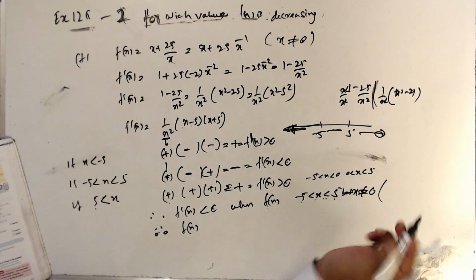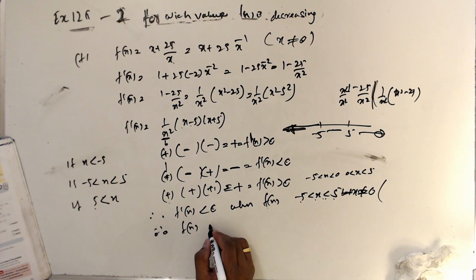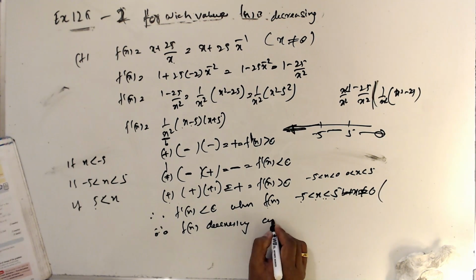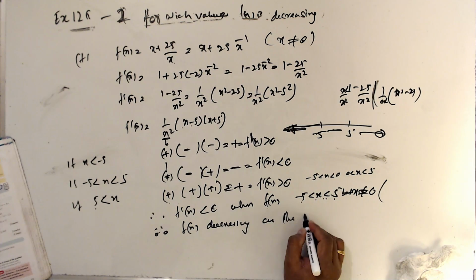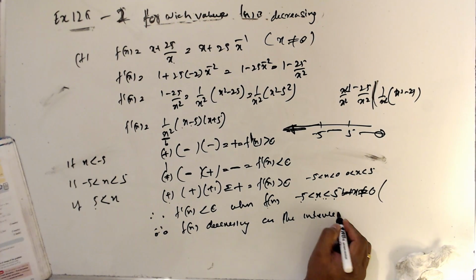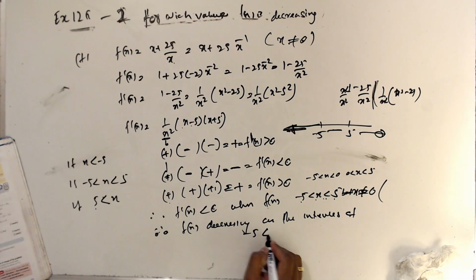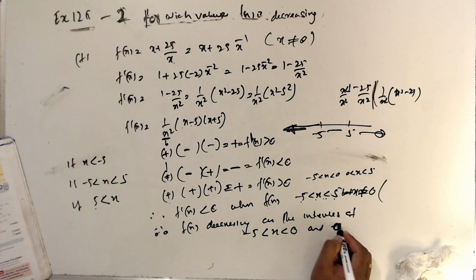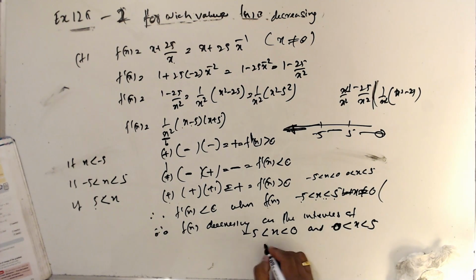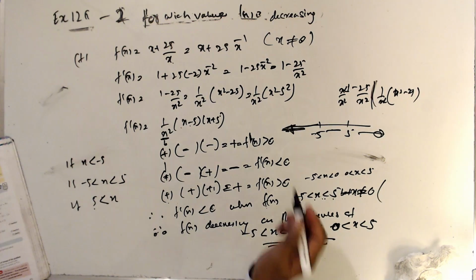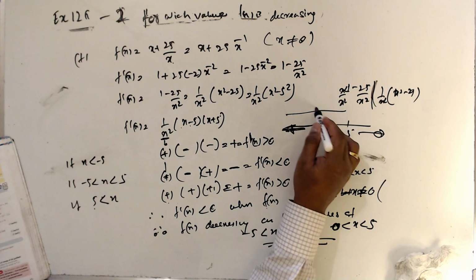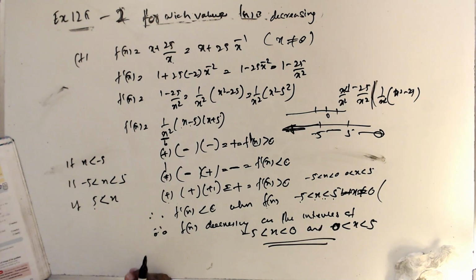So in here 0 is not included. Hence f x is decreasing on the intervals minus 5 to 0 and 0 to 5. And you remember when we do a graph, if we have an asymptote, we also take that asymptote into consideration.